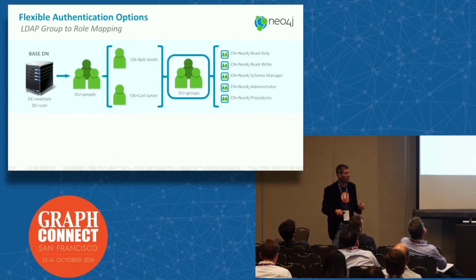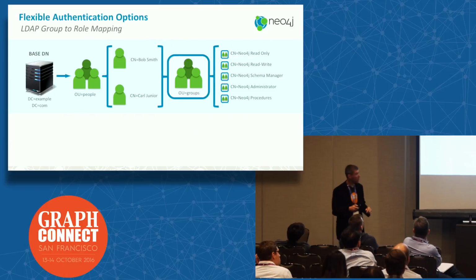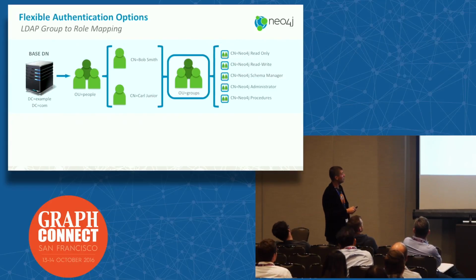So let's look at the example. Let's say your company base DN is example.com. You have two organizational units, people and groups, and the people are Bob Smith and Carl Jr., and they are members of one of these groups. So this is Neo4j read-only, Neo4j read-write. Let's say Bob Smith is part of read-only, and Carl Jr. is part of Neo4j procedures.